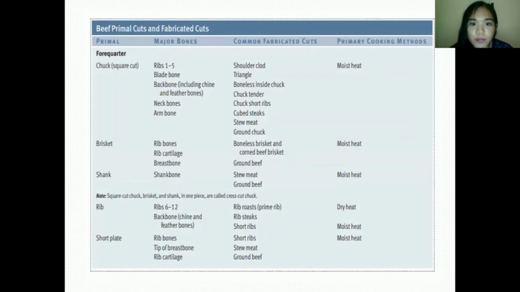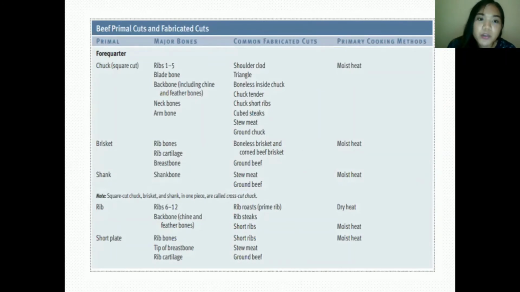The chuck consists of ribs 1 to 5, blade bone, backbone, including chine and feather bones, neck bones, arm bones. The shoulder clod, triangle, boneless inside chuck, the chuck tender, chuck short ribs, cube steaks, stew meat, ground chuck, which is cooked in moist heat.